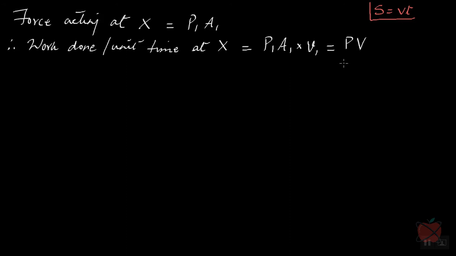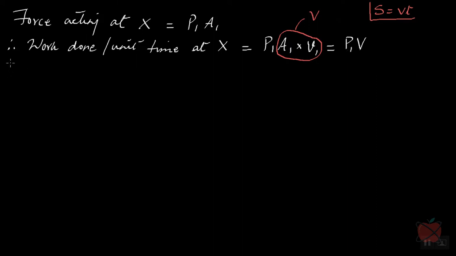Yes. So why? Because this part is volume. We know that volume is area of cross section into the distance. Yes. So distance here is V1 into time. There is time also out here, okay, but then the time here is 1 second. So therefore the area of cross section into the distance per unit time, that will give us the volume per unit time, which is capital V, okay, and this is P1.